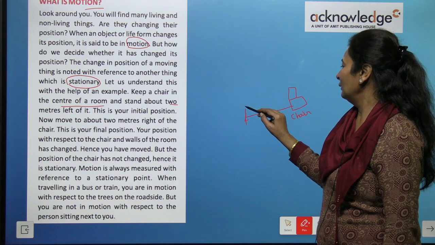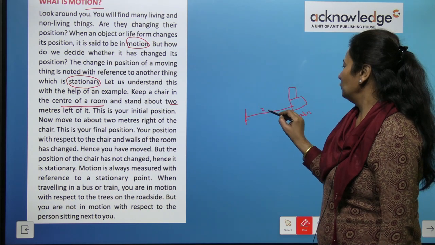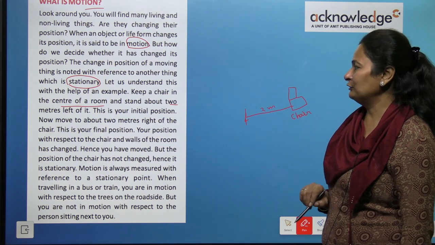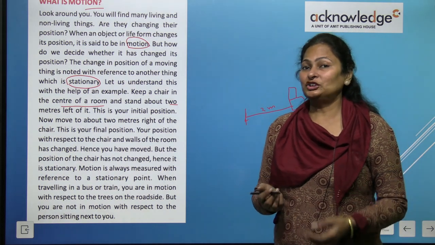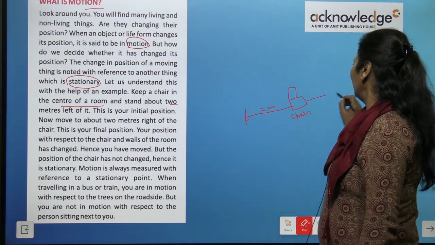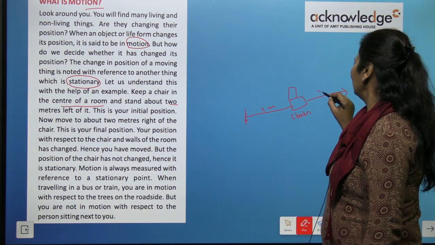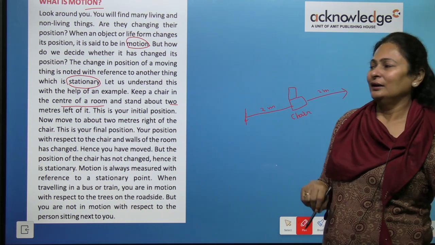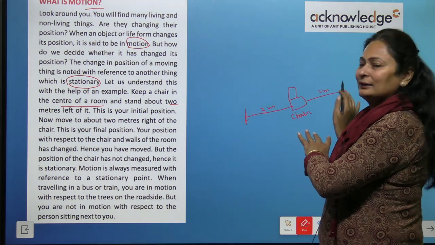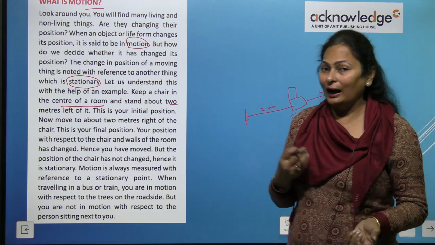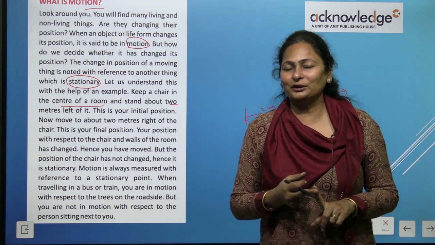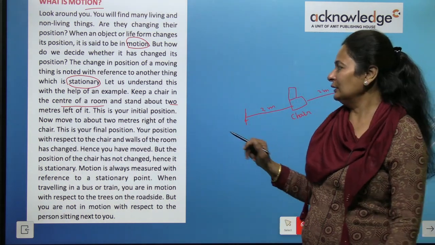Here you are, 2 meters left of it. Now we have changed the position and now you are 2 meters right of it, right? So we can say that we are moving, not the chair. It is not moving on its own.